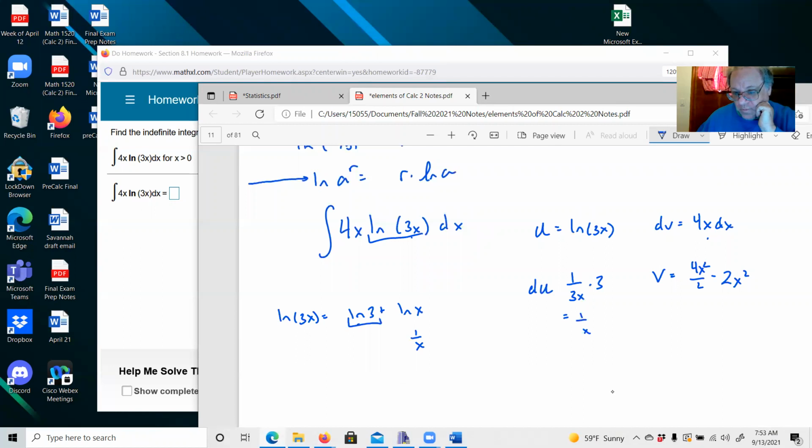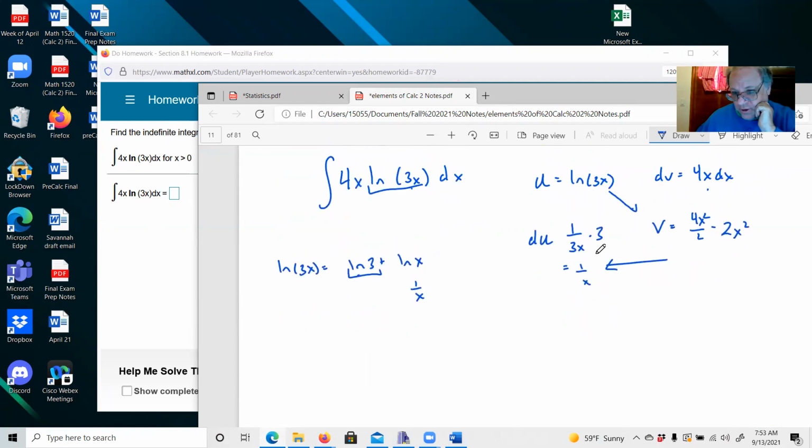So here we go to integration by parts. We have uv and then minus the integral of v du. So uv is going to be 2x squared times natural log of 3x, because that's my u, minus the integral of 2x squared times 1 over x dx.